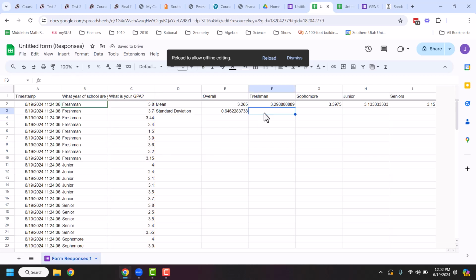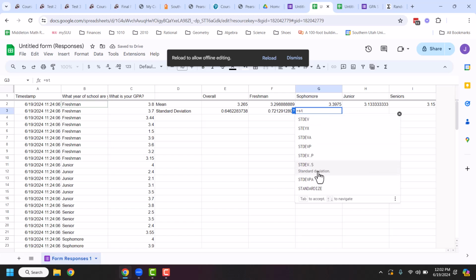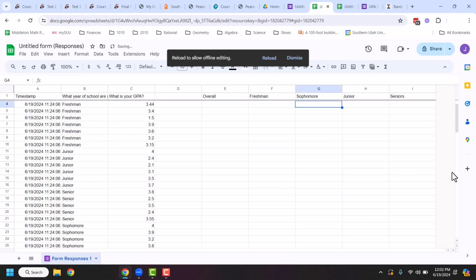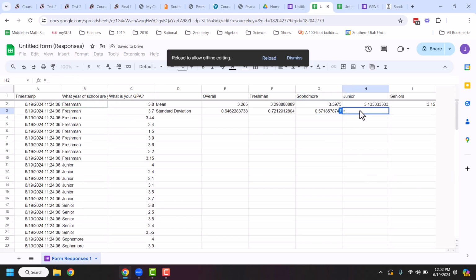And then the other one is the standard deviation of just the freshmen and the standard deviation of just the sophomores. And the standard deviation of just the juniors, and so on. So it would look kind of like that. So those are my different calculations.